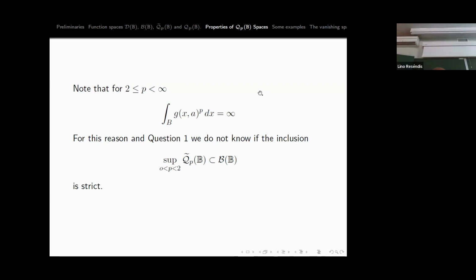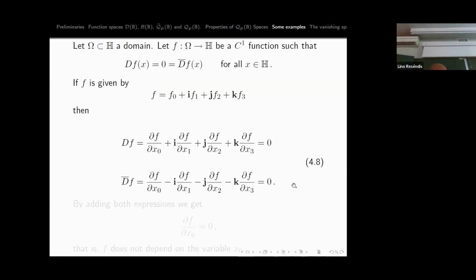We know that when we consider the Qp space without tilde, if p is greater than 3, it coincides with the Bloch space, but we don't know the answer, even for the supremum of these spaces, and also with p greater than 2, between 2 and 3 for the other space.